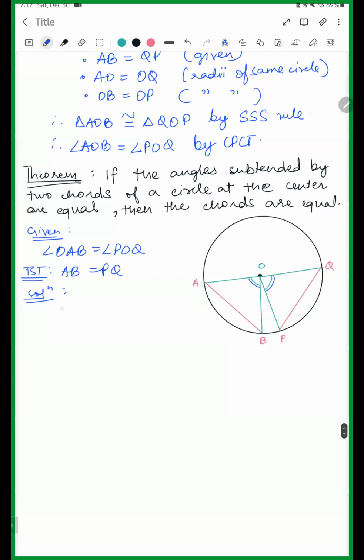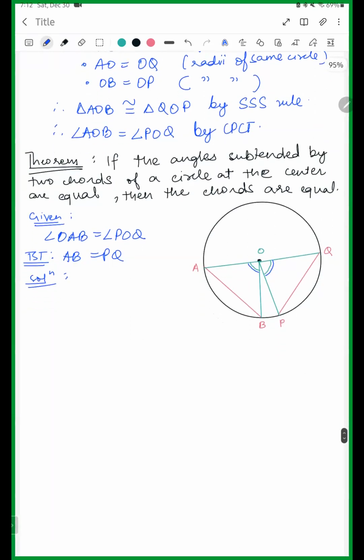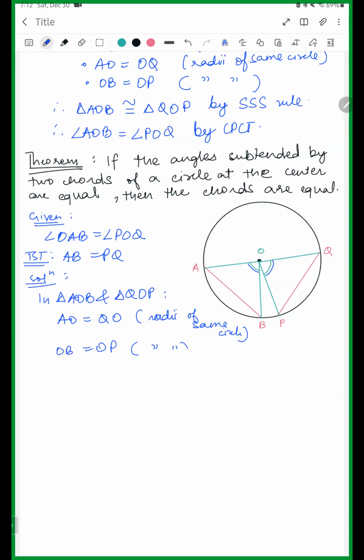But in this case, the congruence rule will become a little different. So in triangle AOB and triangle QOP, again AO is equal to QO because radii of the same circle. Then similarly OB is equal to OP, again radii of the same circle.